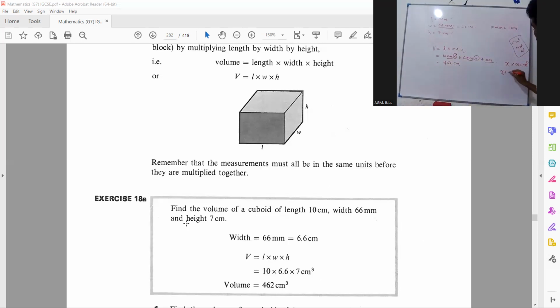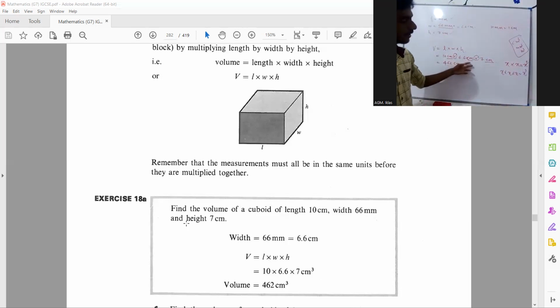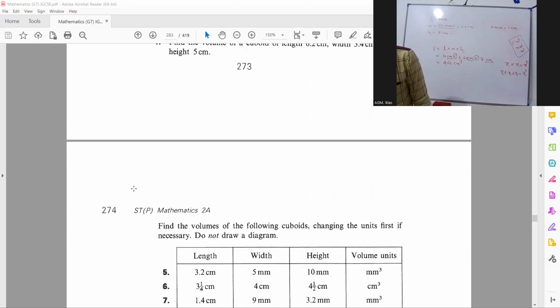X into x into x is x cube. So centimeter into centimeter into centimeter is equal to centimeter cube. So we have done the first question, and you can try the rest of the questions in the book.